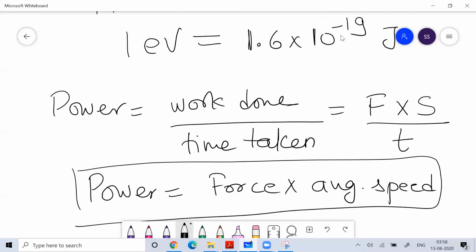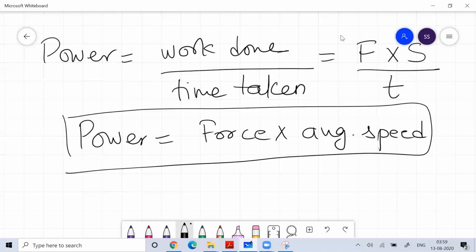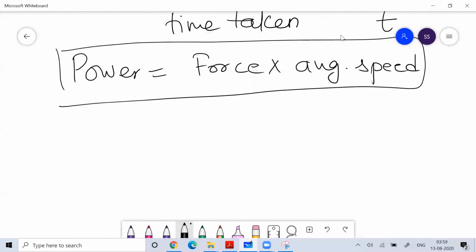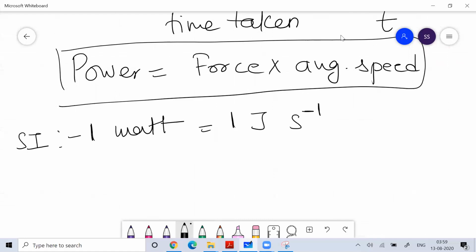Fine. And the SI unit of power is watt, where I can say 1 watt is equal to 1 joule per second. So the SI unit of power is basically 1 watt, and that is equal to 1 joule per second. Fine. And then you know what is 1 kilowatt?